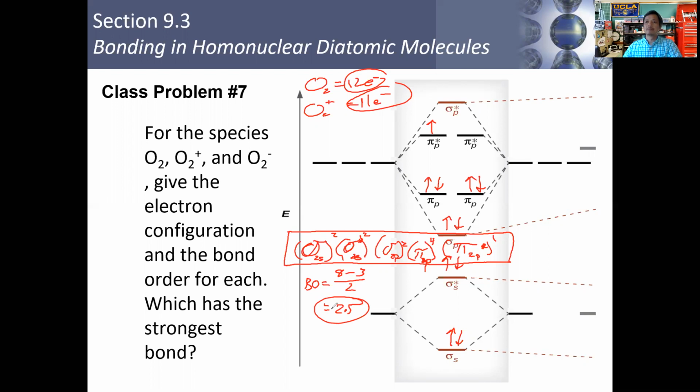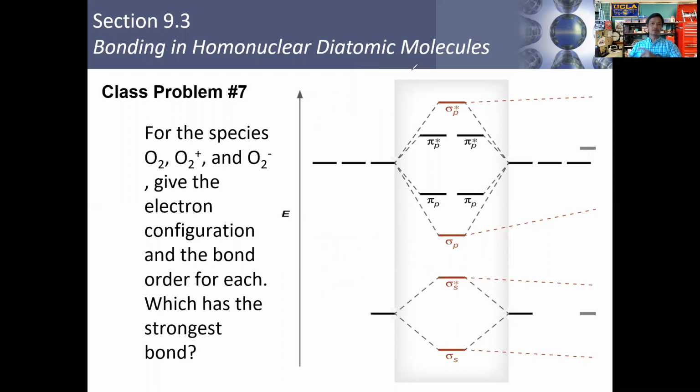Okay, let's go ahead then and do O2 minus, doing the same thing that we did earlier. We have to account for not 12, but 13 electrons. Filling in from the bottom, again we're going to ignore the atomic orbitals here, just to keep things organized so you can focus on filling in this table.